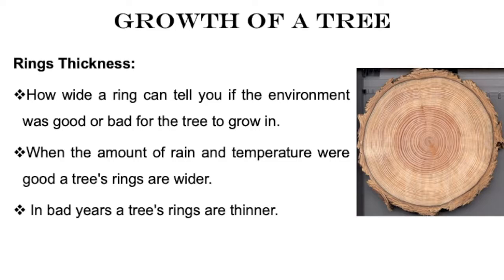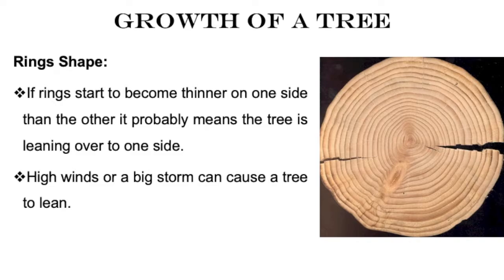And if the conditions were good, there was rain and good temperature, the rings are a bit wider. And in terms of shape, that tells you whether there were strong winds, resulting in a tree growing leaning to a particular side.